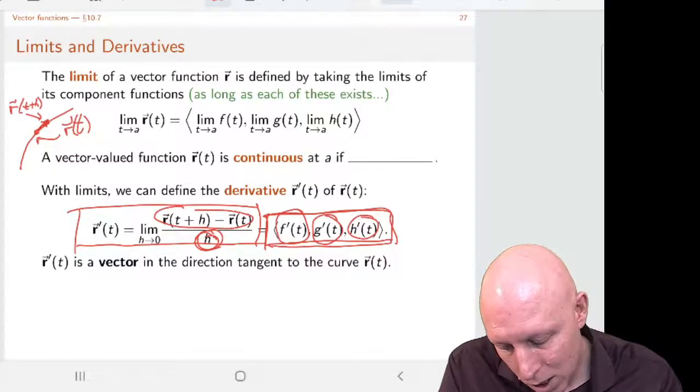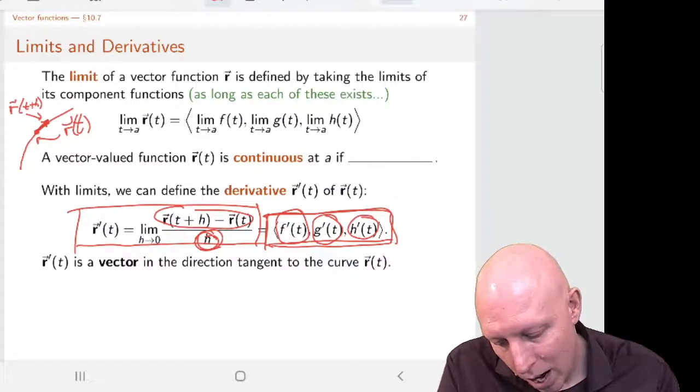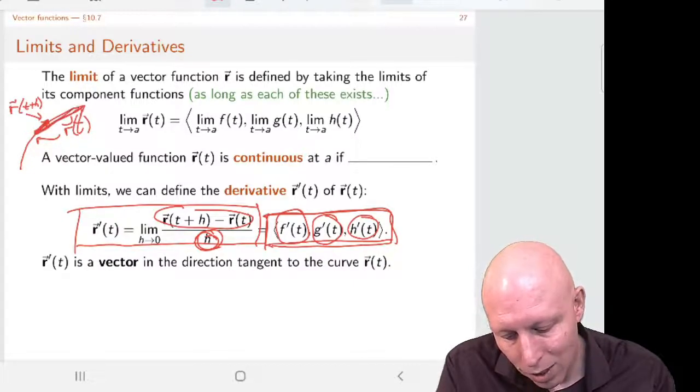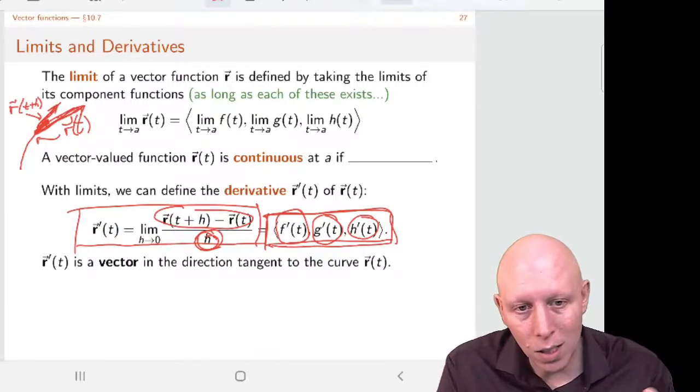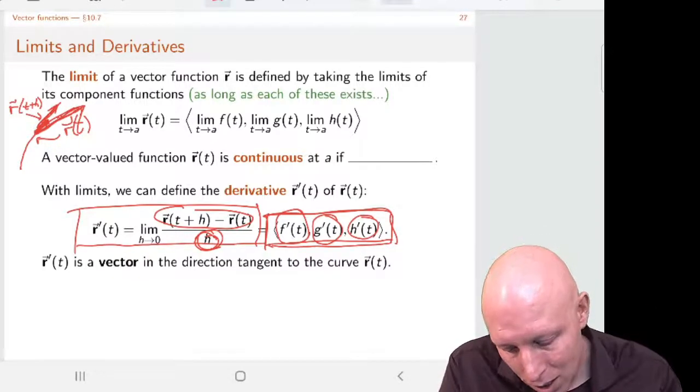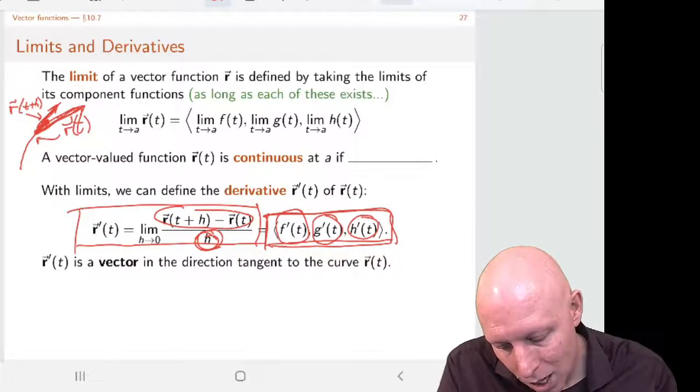And you can start to see what's happening here: as you get closer and closer, right? If h is big, we've got this vector, but as it gets closer and closer, and we normalize it by this time, this r prime is going to be a vector that's tangent to the curve.